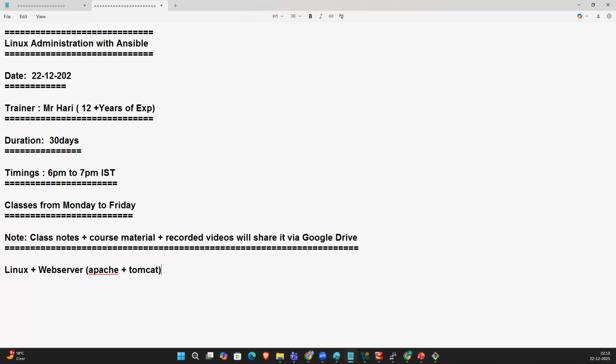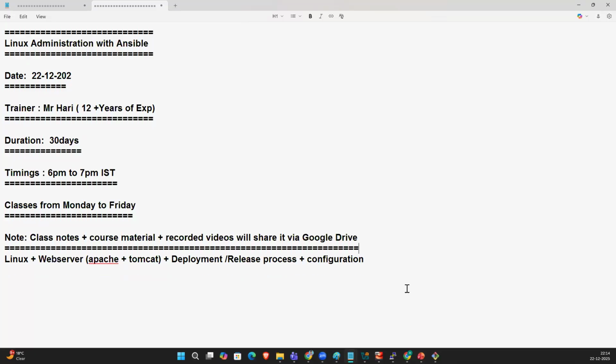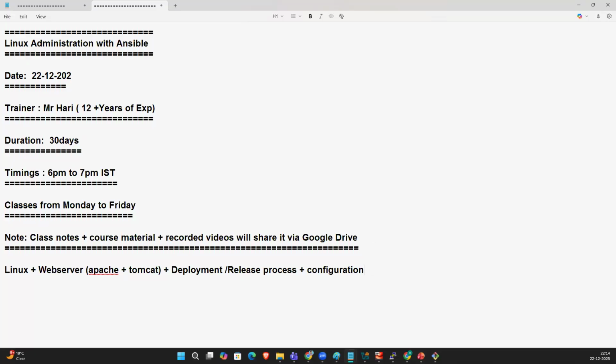Apache and Tomcat plus deployment, deployment or release process plus configuration and configuration management tool. What is the configuration management tool, guys?